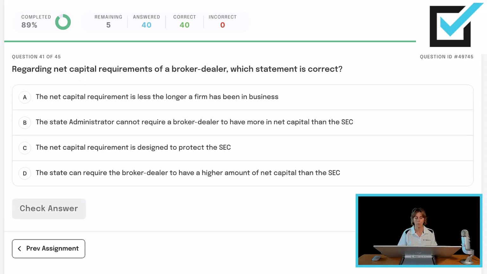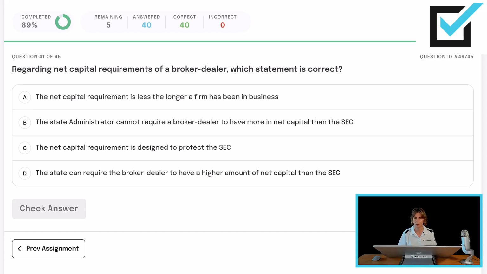Regarding net capital requirements of a broker-dealer, which statement is correct? The net capital requirement is less the longer a firm has been in business. False. The state administrator cannot require a broker-dealer to have more in net capital than the SEC. I like that. Let's check the other two. Better be false. The net capital requirement is designed to protect the SEC.